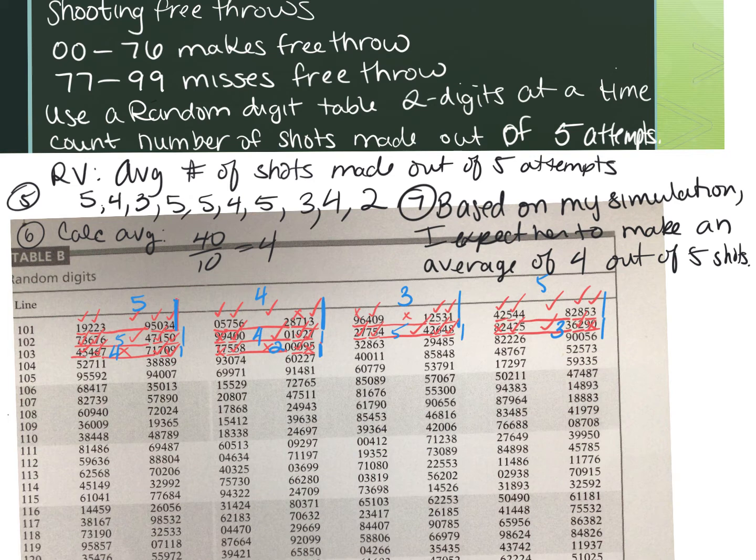Now, if my average was 4.1, then I would say an average of 4.1. I do not round my average, okay, unless it's like 0.333333. We round that, but you don't round up to a whole number, okay?